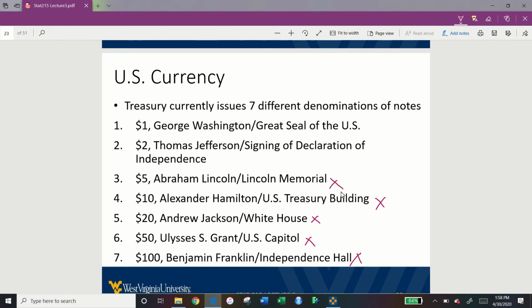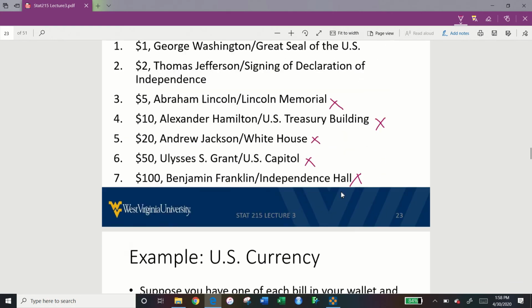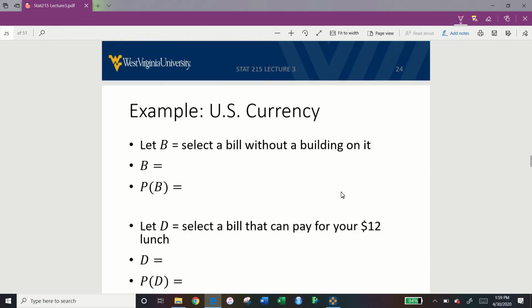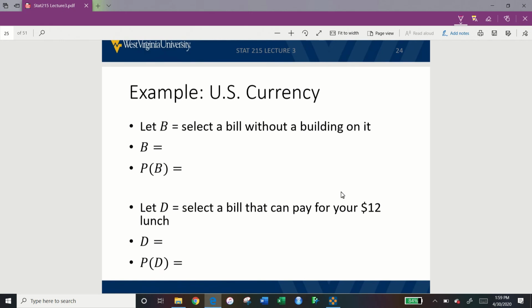So it looks like the only places that are not a building are the Great Seal of the U.S. and the signing of the Declaration of Independence. So that gives us our subset of the $1 and the $2 bill, meaning our probability is going to be 2 out of the number of cases, which is 7. Not bad.